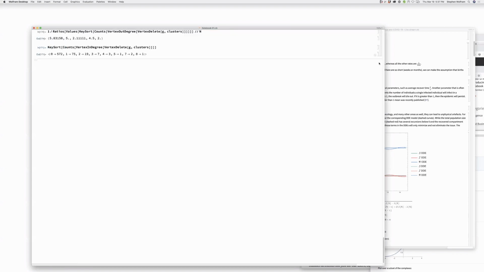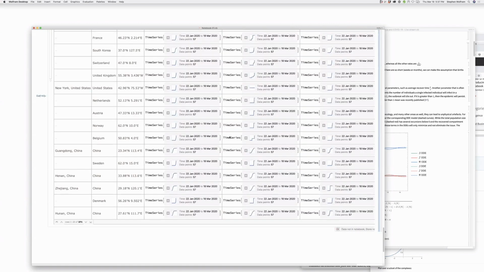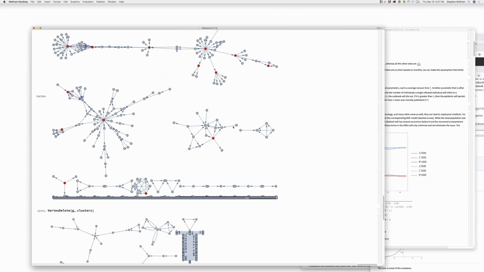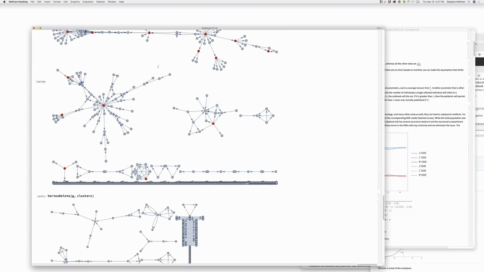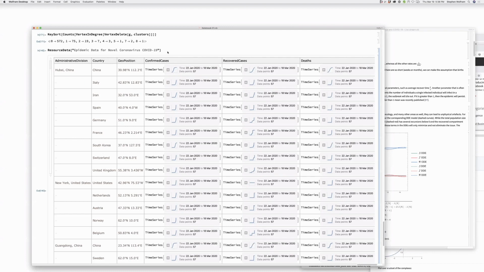Okay. So in this case, let me pick one for each. The one question would be, if you take the time series. Gosh, why is this so slow to scroll? Probably because there's an awful lot of data here. So what do we want? We want confirmed cases, for example.